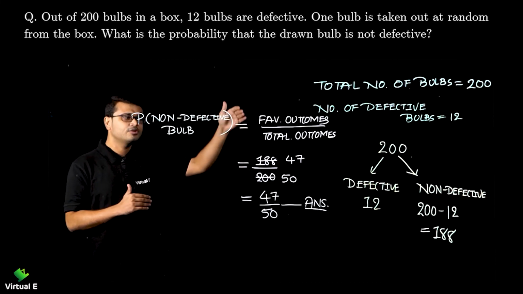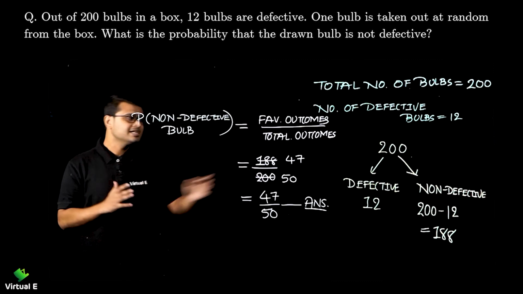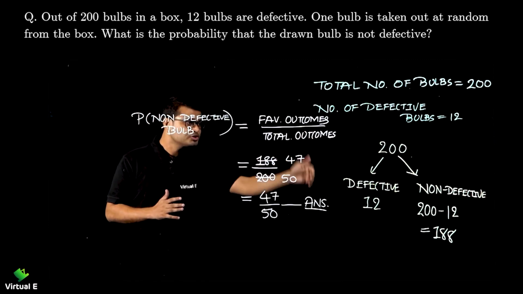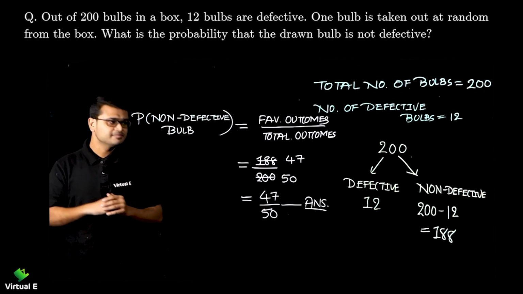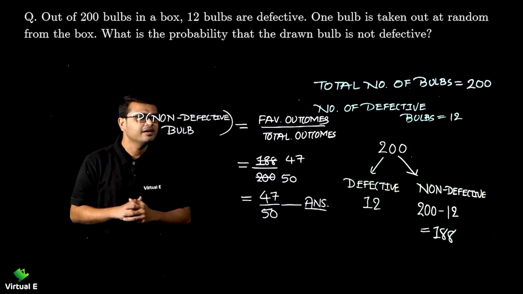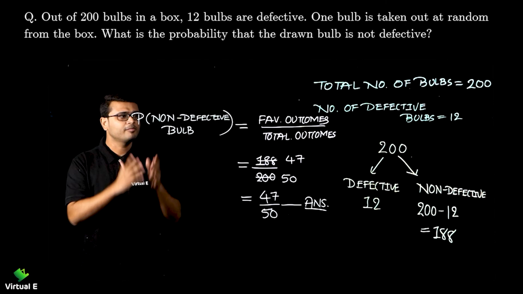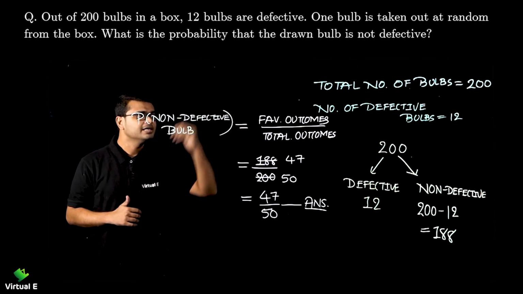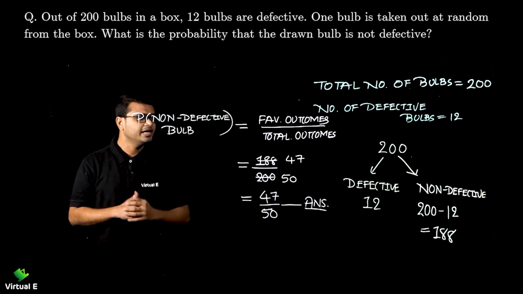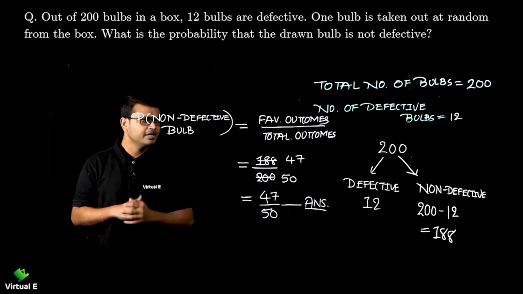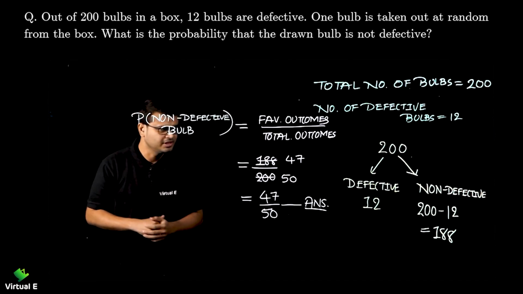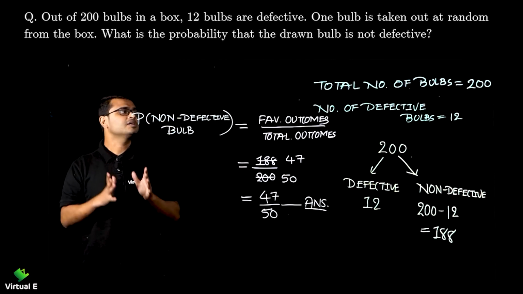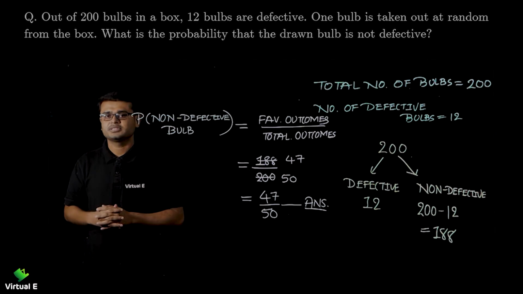First of all, you need to get the favorable outcome by subtracting those two numbers. 200 minus 12 will give you 188. Apply the formula: favorable outcome divided by total outcome. So 188 divided by 200. Do the cancellation, don't go for the decimal. Fraction is sufficient. So this is how we solve the sums related to bulbs.